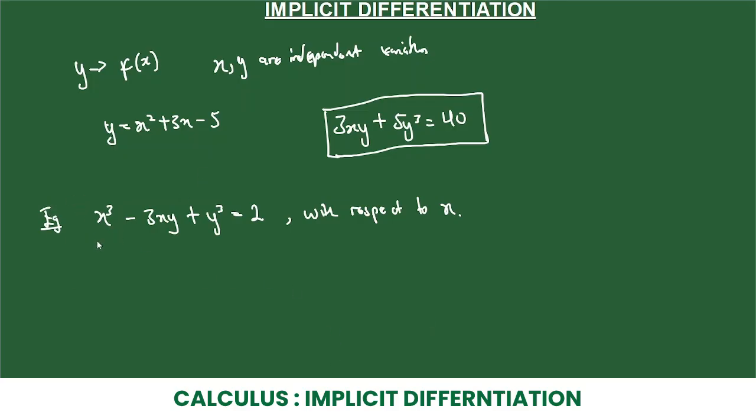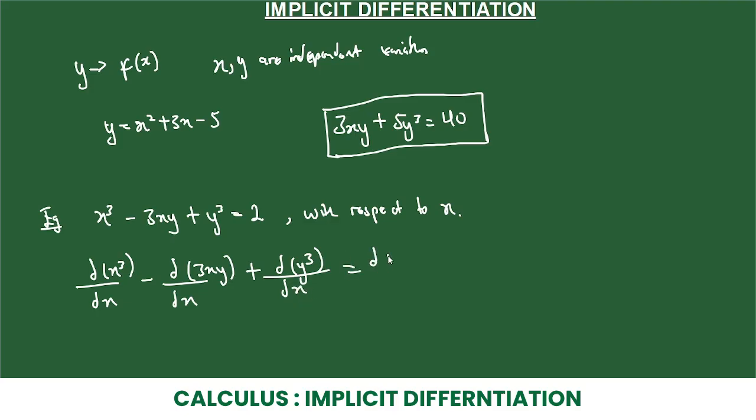Here we have only x present, so we are going to have d over dx of x cubed, minus, sorry, minus d over dx of 3xy, plus d over dx of y cubed, equals d over dx of 2, right?